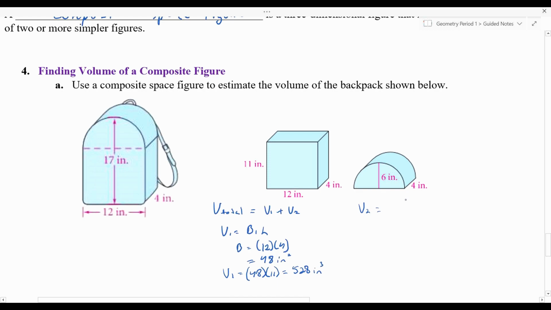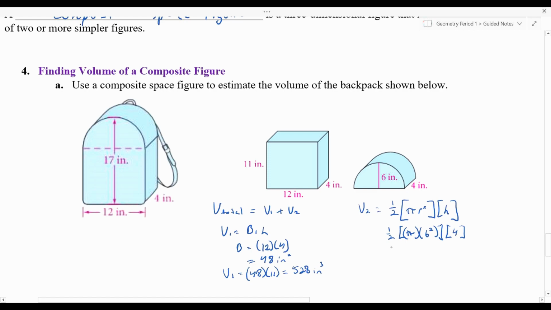So we actually have, this is going to be 1/2 times pi r squared times h. All right? So we plug those numbers in, and we have 1/2 times pi, our radius is 6, so it's going to be times 6 squared, times h, and h is 4.